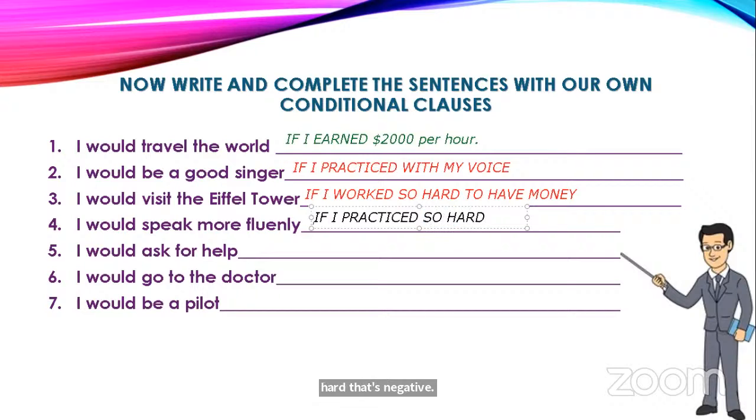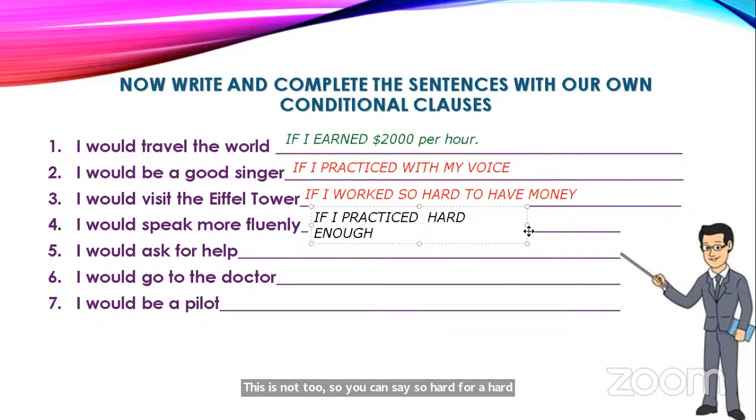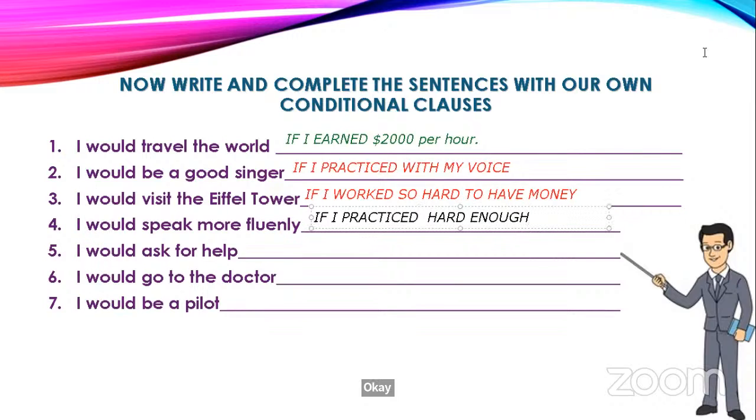Podemos usar el amplificador so. Si usamos too, recordemos que estamos amplificando demasiado. Y trabajar demasiado. Si practica demasiado, es como que se saca el aire solo practicando. Entonces, not too, so. Okay, you can say so hard or hard enough. Let's use hard enough, okay? Para recordar este tema también ustedes. Entonces diríamos, I would speak more fluently if I practice hard enough. Hablaría más fluido si practicara suficientemente. Lo suficiente. Okay, good. Thank you, Miss Raisa.